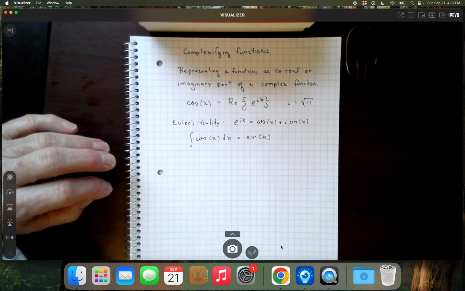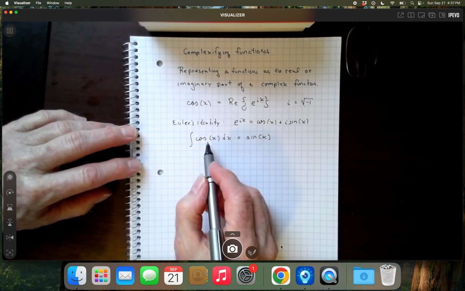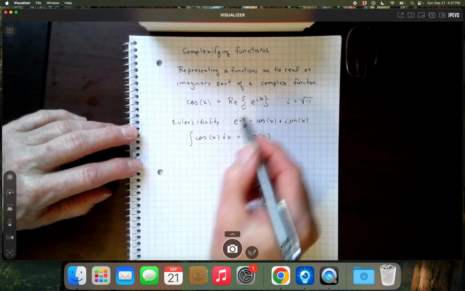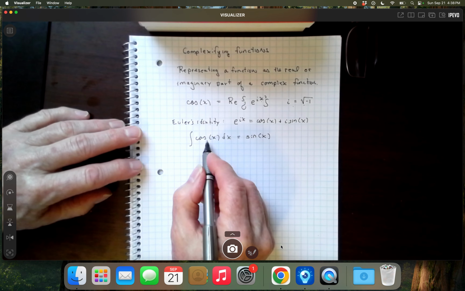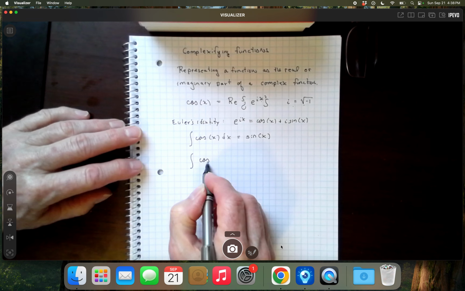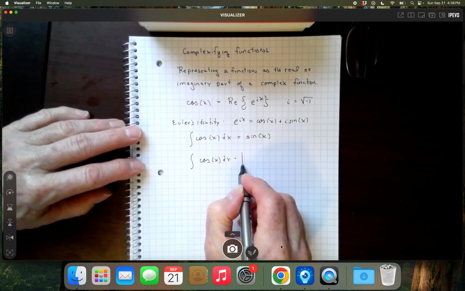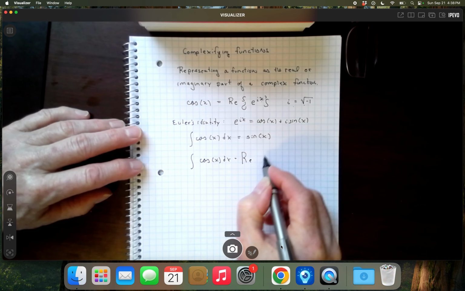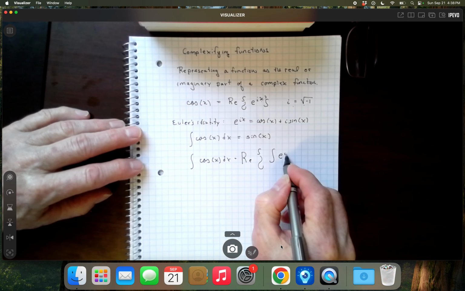But we want to demonstrate the process anyway. So if I decide I want to integrate this exponential instead, to find the integral of the cosine of x, we would say this. The integral of the cosine of x is equal to the real part of the integral of e to the ix.